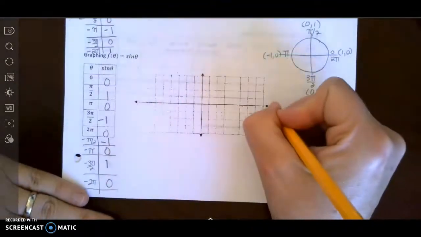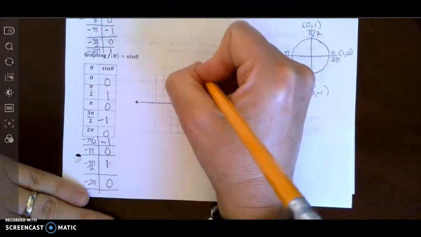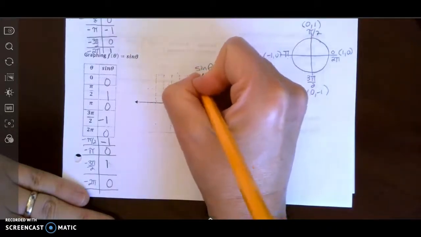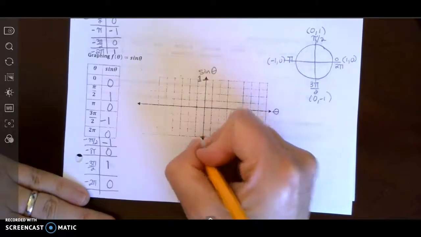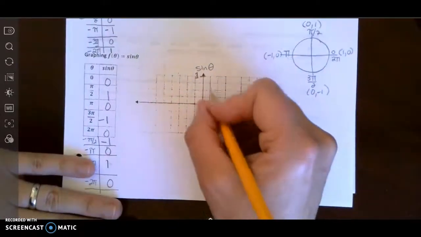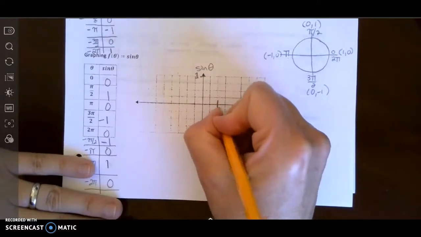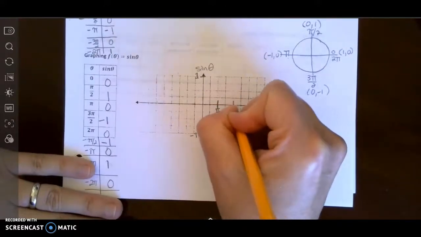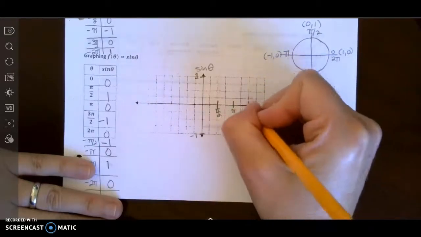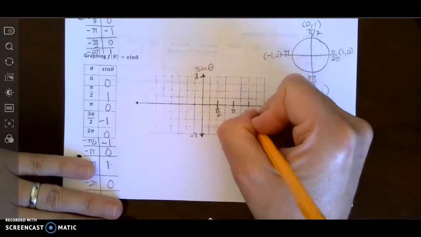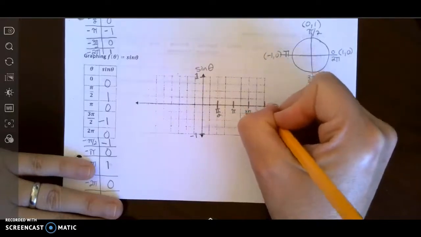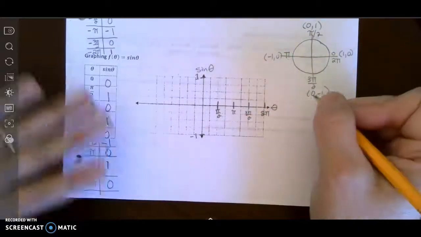This is my theta. And this time, this is my sine of theta. I'm going to make this 1 again. And every other one will be a pi over 2. So this is pi over 2. This is going to be pi, 3 pi over 2, and 4 pi over 2, which is 2 pi.